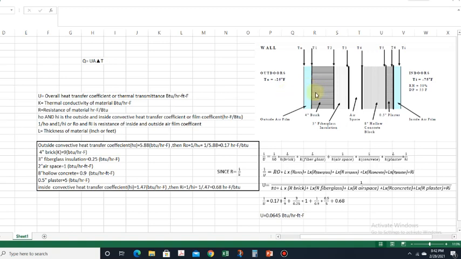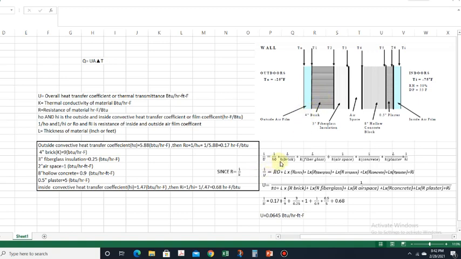So we found that the overall coefficient depends on two properties, that is conductivity and resistivity of the material, and also the width of the material. Here we can see the brick is 4 inch, so the more the width of the brick, the more will be the heat transfer.